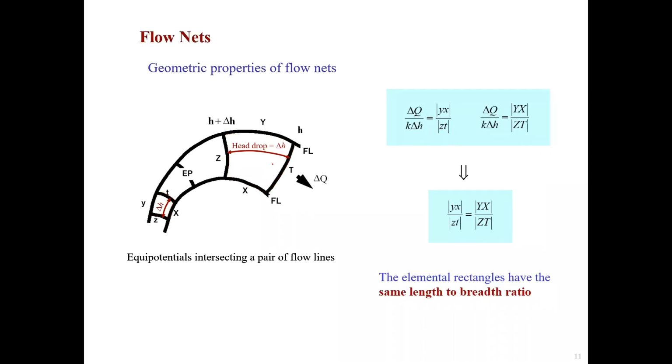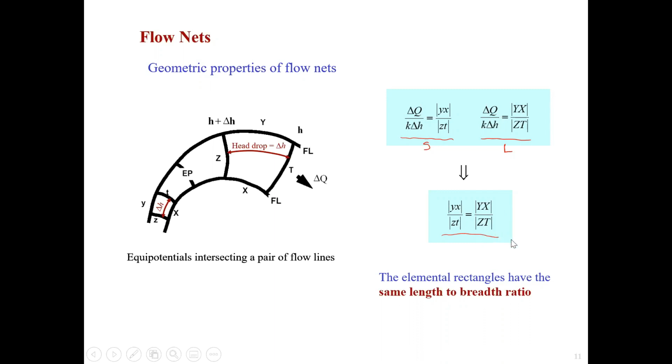If we list both expressions together, this one for the small element, that's for the large element, because the left-hand side terms are the same, we have this relationship: absolute YX over absolute ZT equals absolute capital YX over absolute capital ZT.